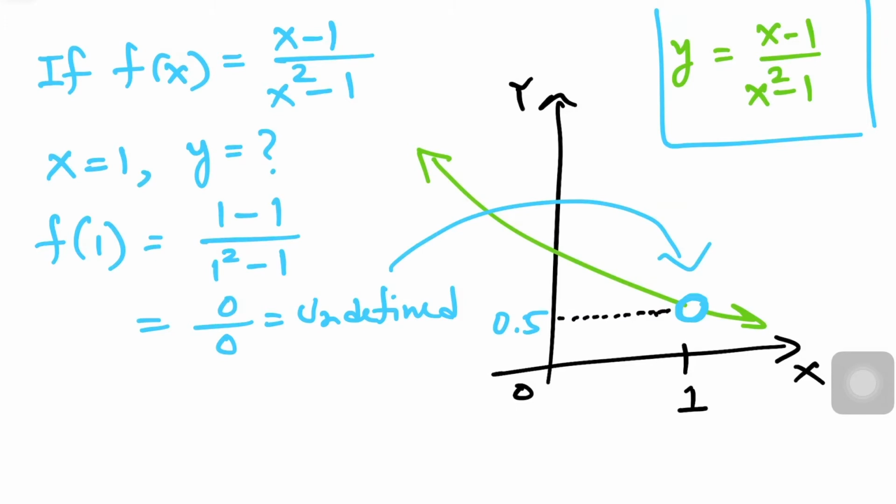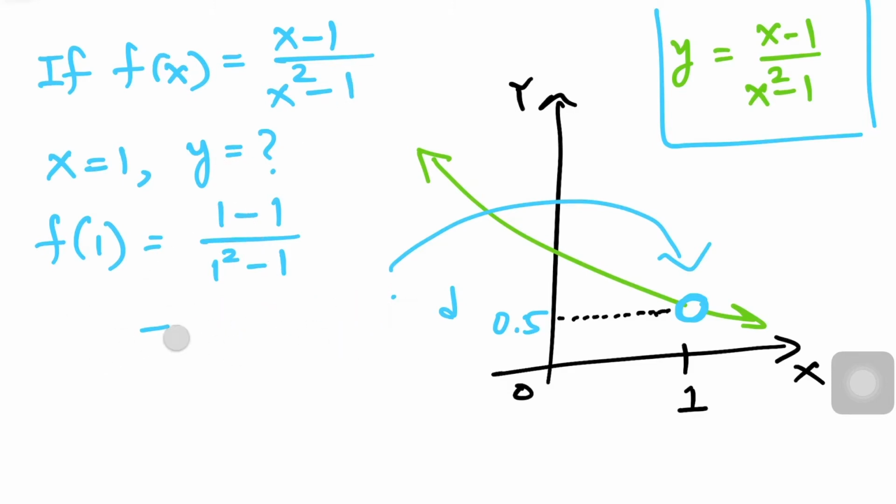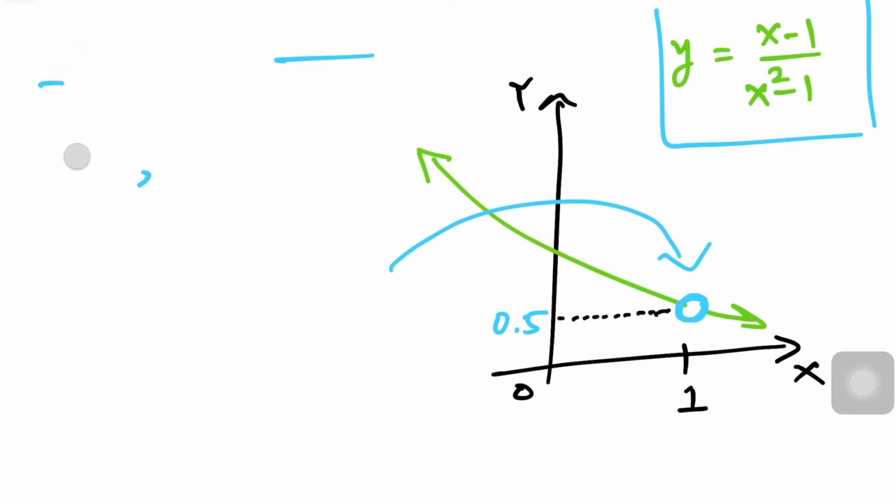So what limit does, it does not care about what's going on with the height or the y value at that specific x value, okay? It only cares about what's going on around 1, okay? So that's why we use limit. So this is not useful, okay? So we don't want it. What we want to use is limit. Okay, let me erase this part, okay?